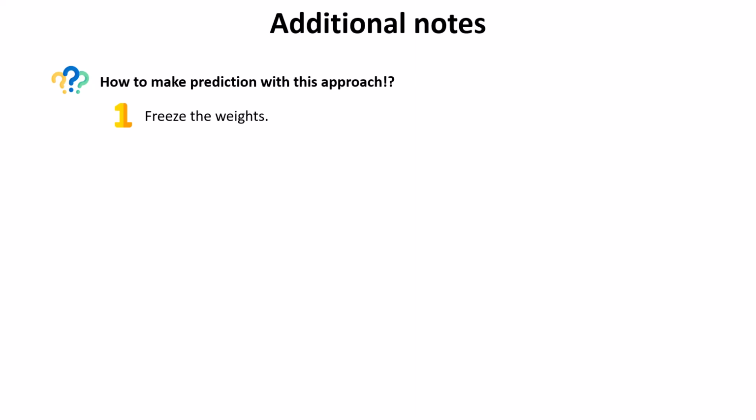And there are actually a couple of additional notes. For example, how to make predictions with this approach, because it only tries to push all the negative samples away and pull the positive sample in an area of our solution space. Then what? Well, then we freeze the weights of our neural network, I mean the encoder query, and we need to add a classifier, just some fully connected layer at the end of that encoder query, and train that.